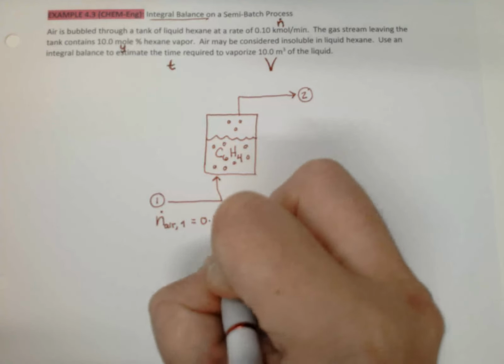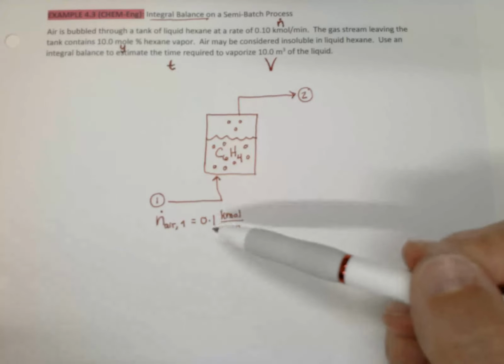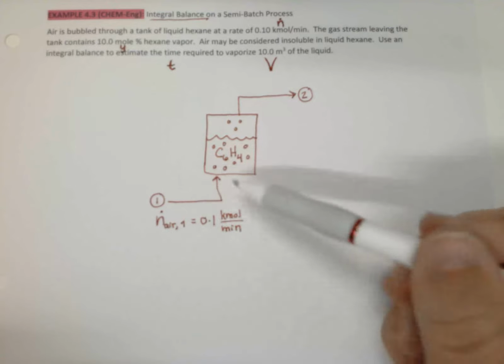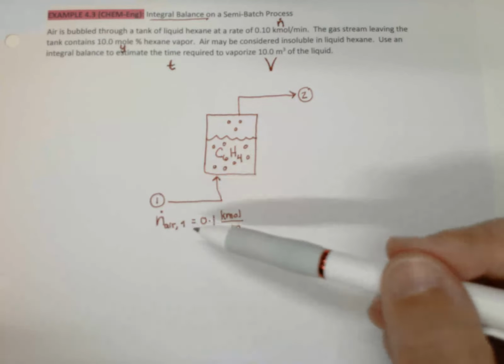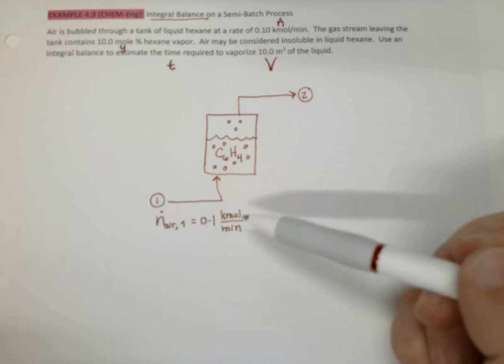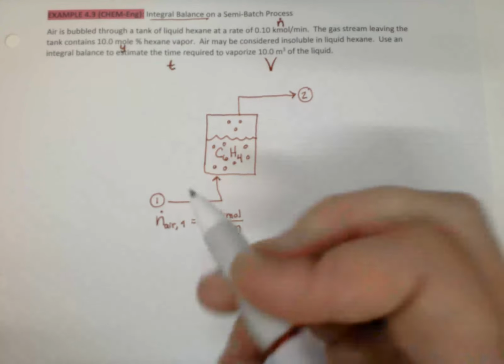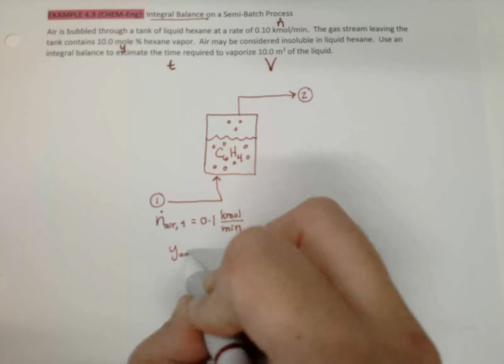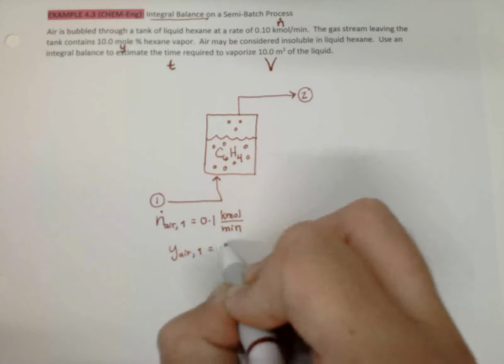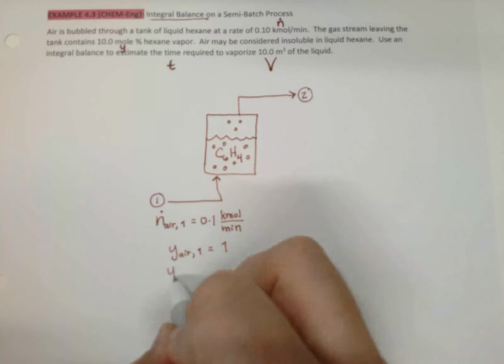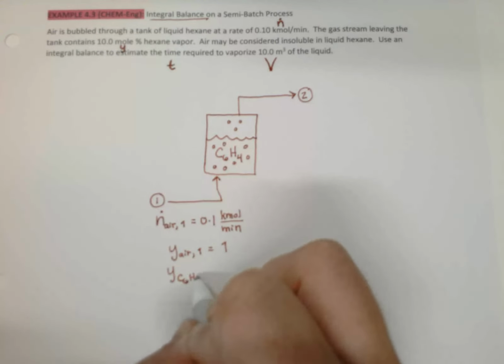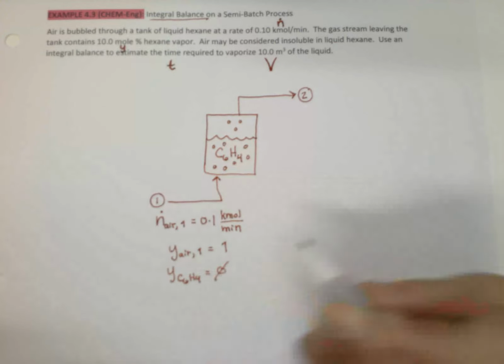Now this stream in, does this have any hexane? Well, according to the problem, no, it's just pushing air in. So down here, we would know that Y of air in our first stream is equal to 1, and the Y of hexane in this stream is equal to 0.